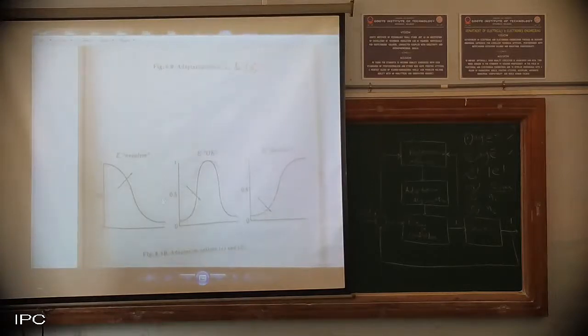Now again, what exactly do we mean by adaptive action C? If the square of the error is very large, we are going to sharpen our system.